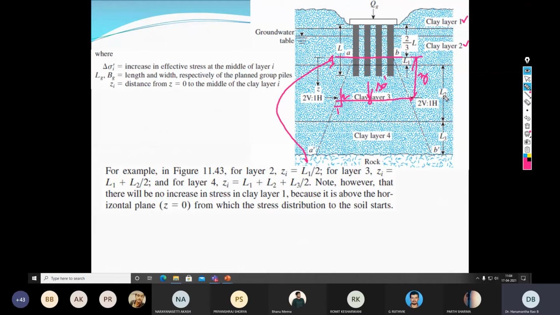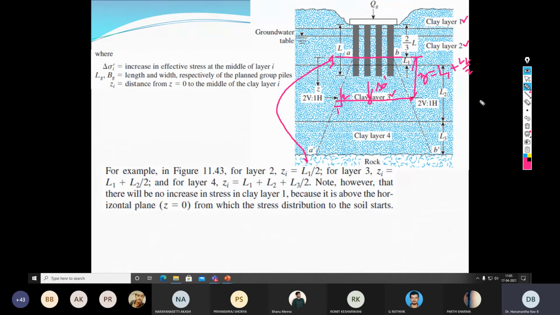Similarly, for clay layer 3 at the middle, you can easily see Zi is nothing but L1 plus L2 by 2. Similarly, it is L1 plus L2 plus L3 by 2. This is how you need to calculate the Z, because this Z is essential to calculate the increase in effective stress, delta sigma, as a result of construction of the pile group.